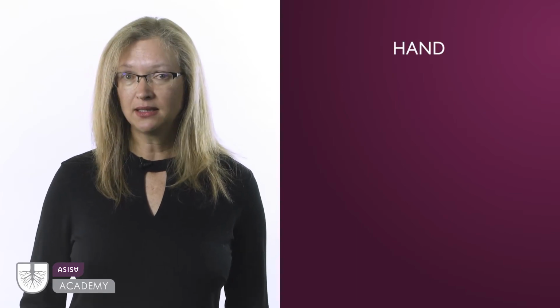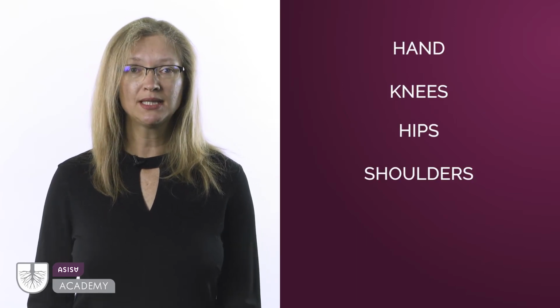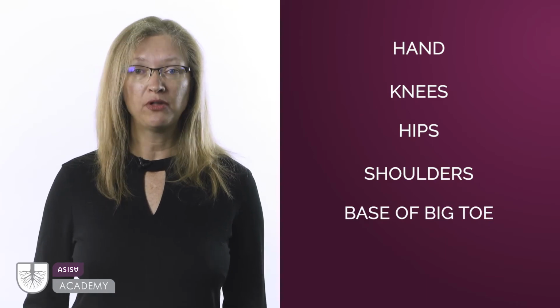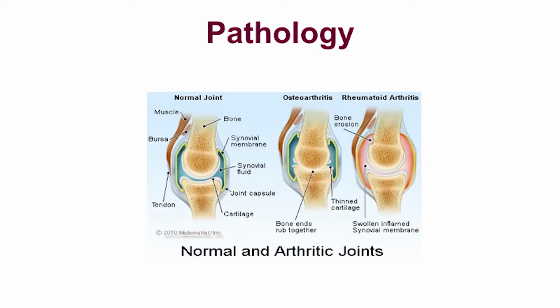The common joints that are affected are the hands, knees, hips, shoulders, and the base of the big toe. The pathology found in osteoarthritis is degeneration of all the elements of a joint. Firstly, we find thinning of the cartilage, then narrowing of the joint space, thickening of the bone underneath the cartilage, then bony spurs or osteophytes develop.